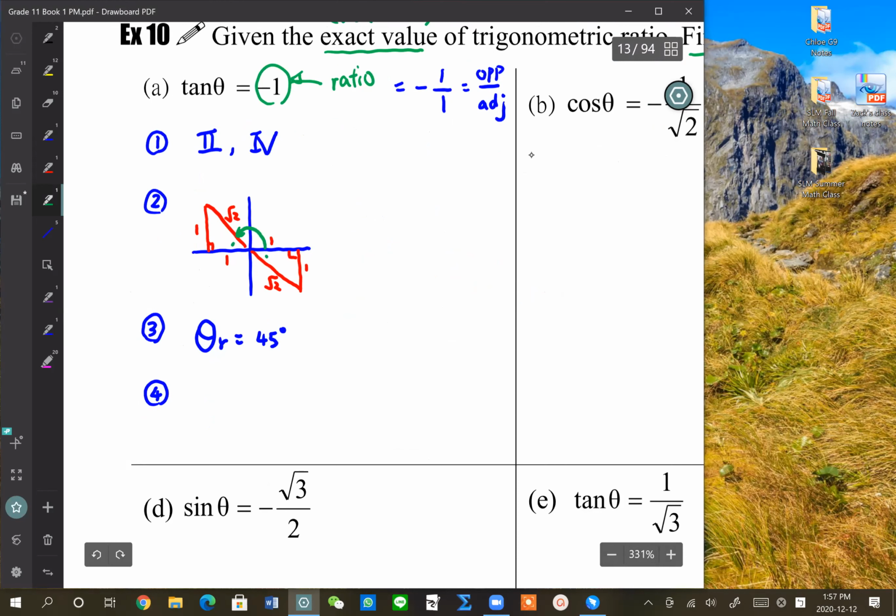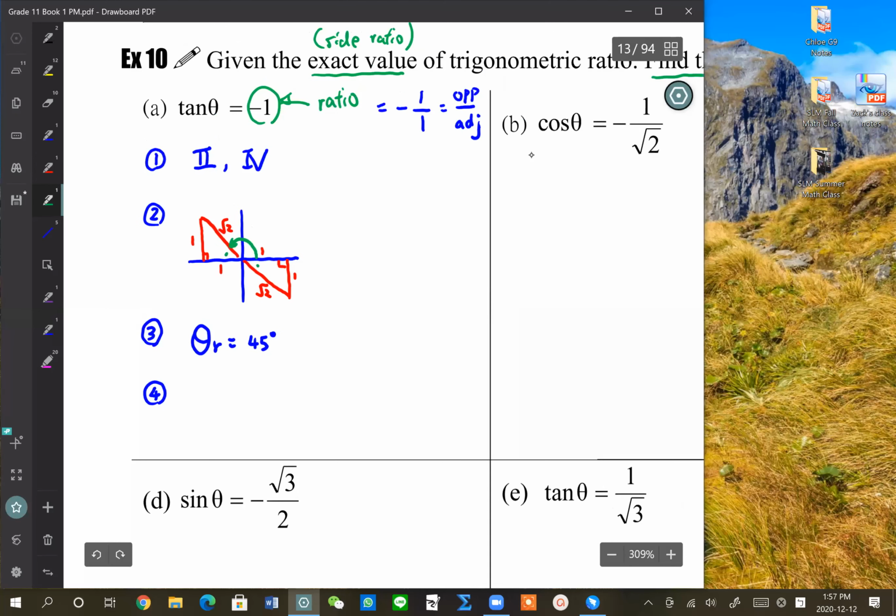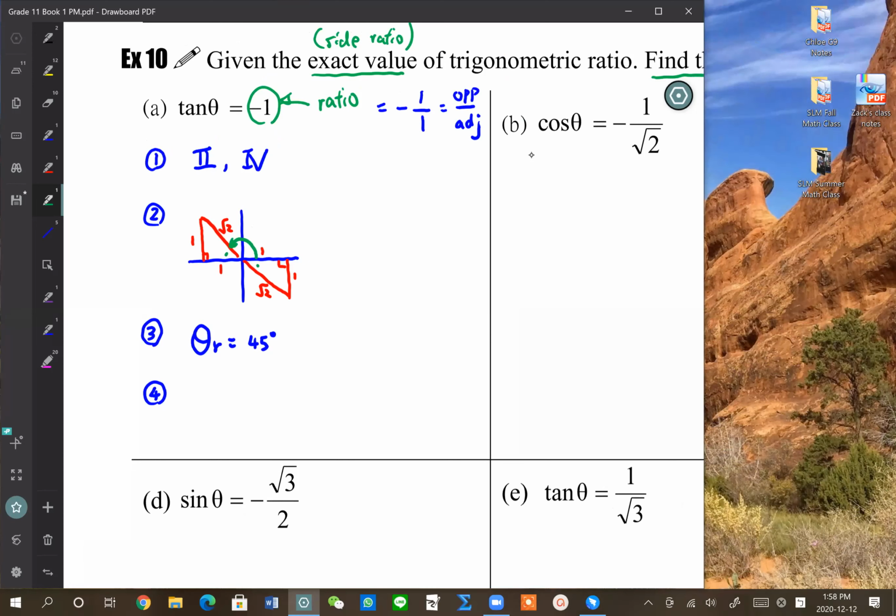That's the first one, okay? Because the reference angle is 45. So how big is the green arrow? How big is the green one?